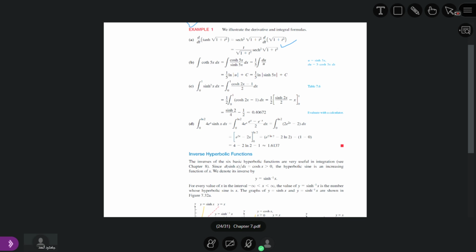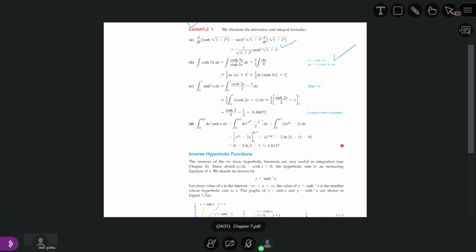Whenever we take derivative, du over dx is equal to 5 cosine hyperbolic 5x. So we shift dx to the other side: du equals 5 cosine hyperbolic 5x dx.